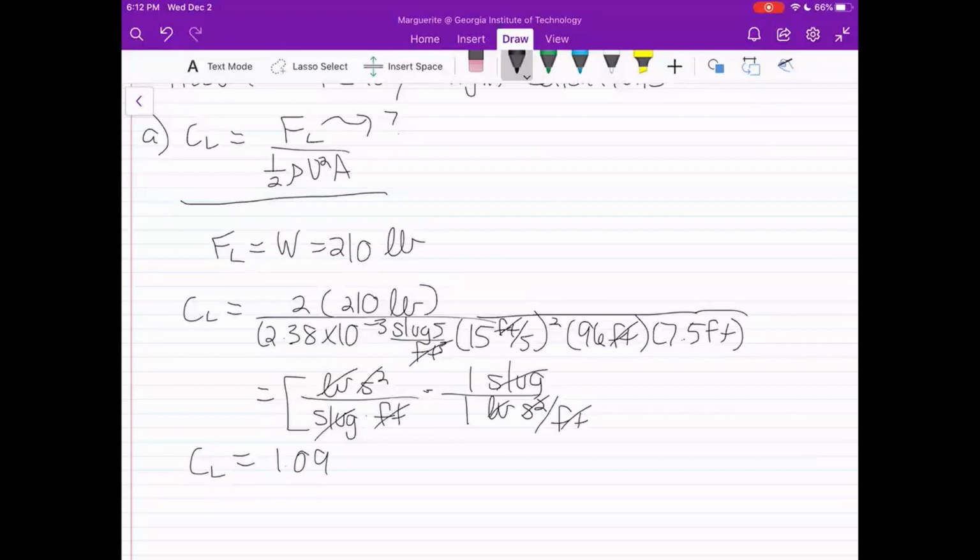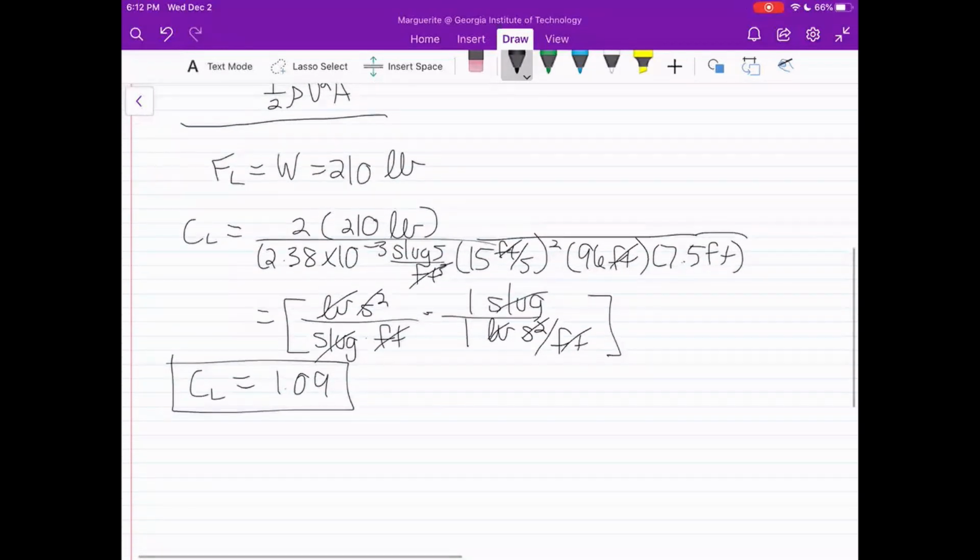So maybe check, did you square the 15? Maybe that's where it went wrong. Aha, there you go. All right, the sneaky square. The first time I did this, I also forgot to square the velocity, so you're not alone.